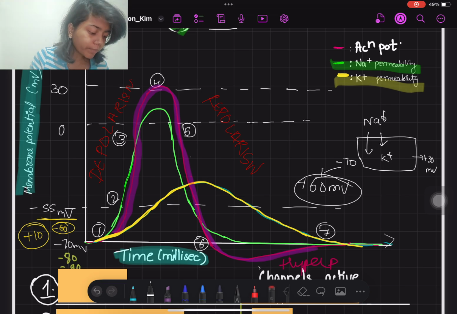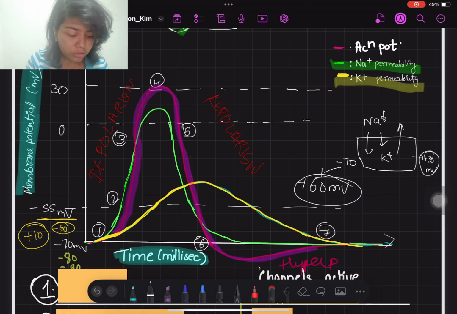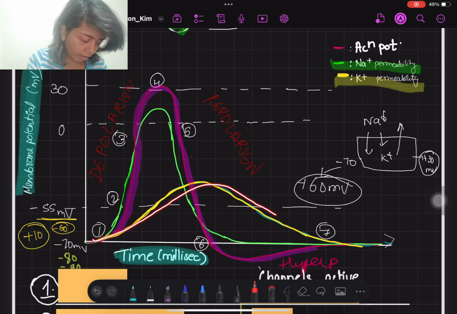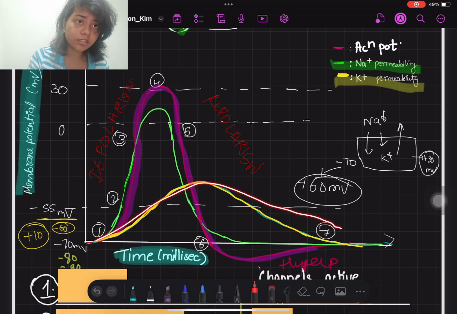So how will that happen? Now it is plus 30, so to reach minus 70 there should be potassium efflux happening. So yes, potassium efflux is happening. Now comes a very important point. Do you remember the yellow graph which I had explained? I had told you that as you can see there are gentle slopes.